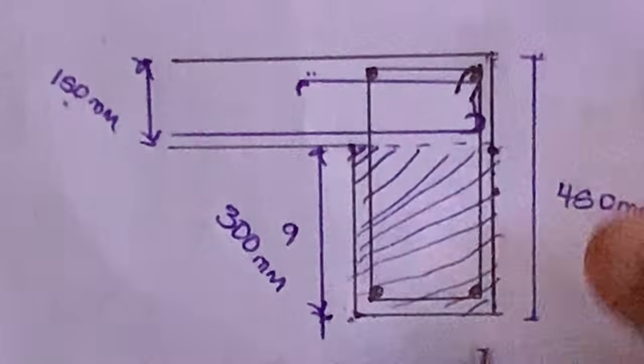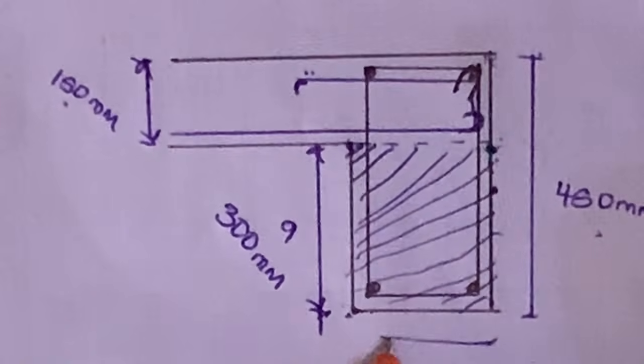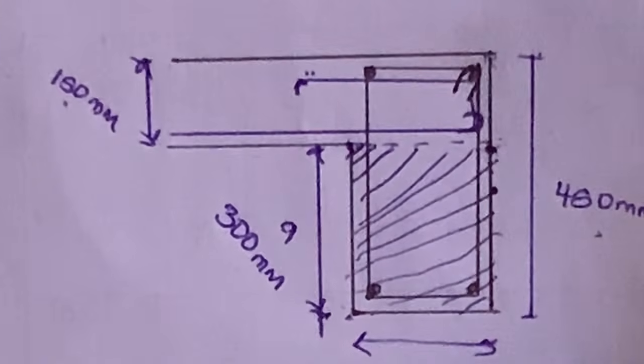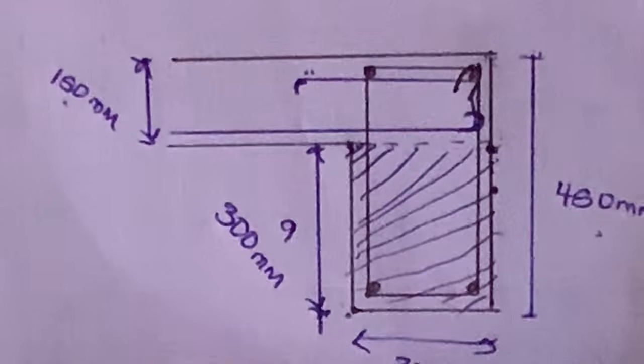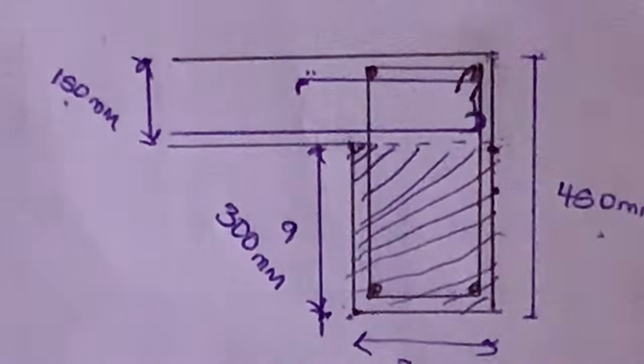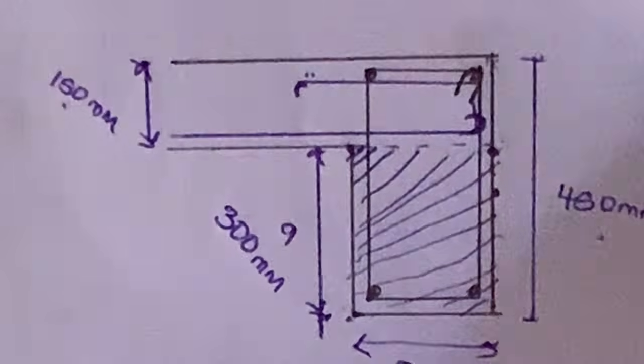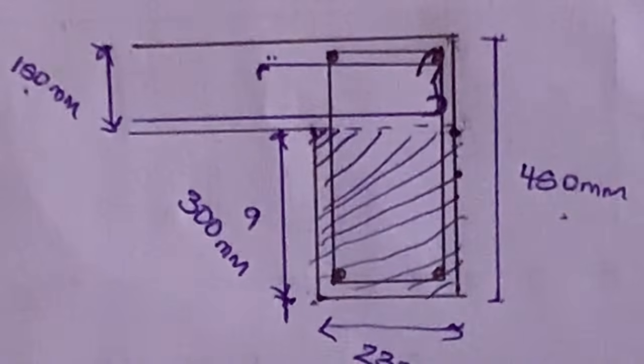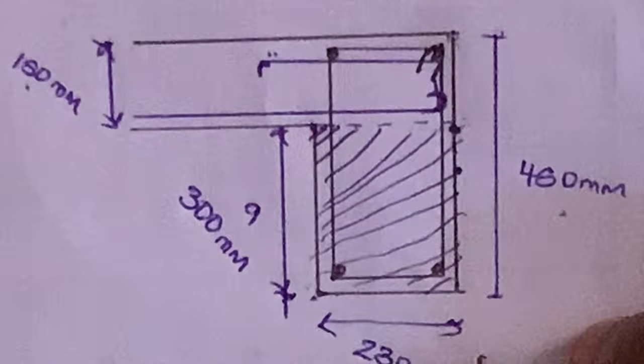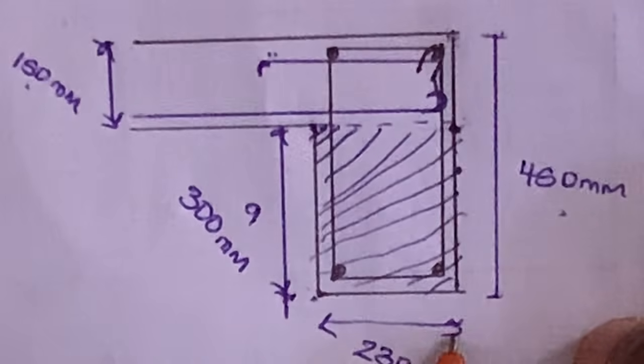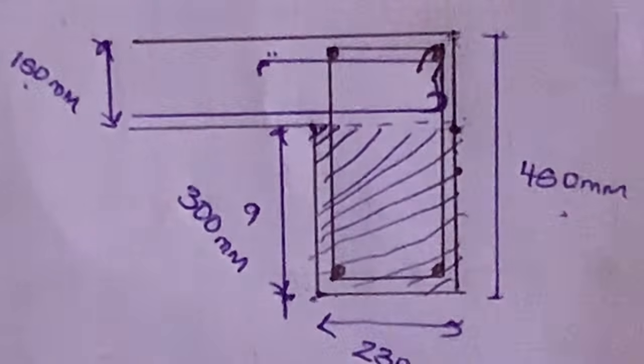So now you know that the width of your beam is the same as the thickness of your wall, and in this case, they told us that it is 230 millimeters. Since we've gotten all the parameters we need, the width and the height, now we need to find the total length of our beams in this drawing, so that we can get the volume of concrete needed for the beams.